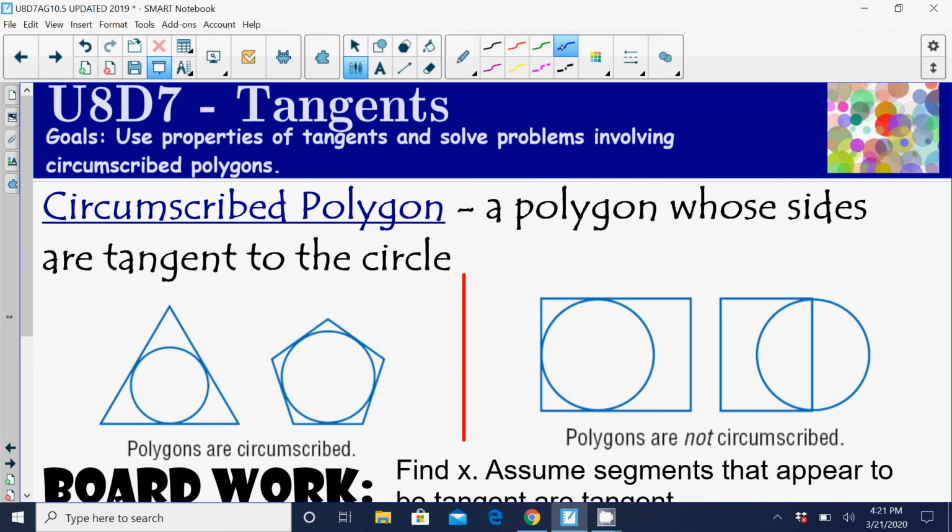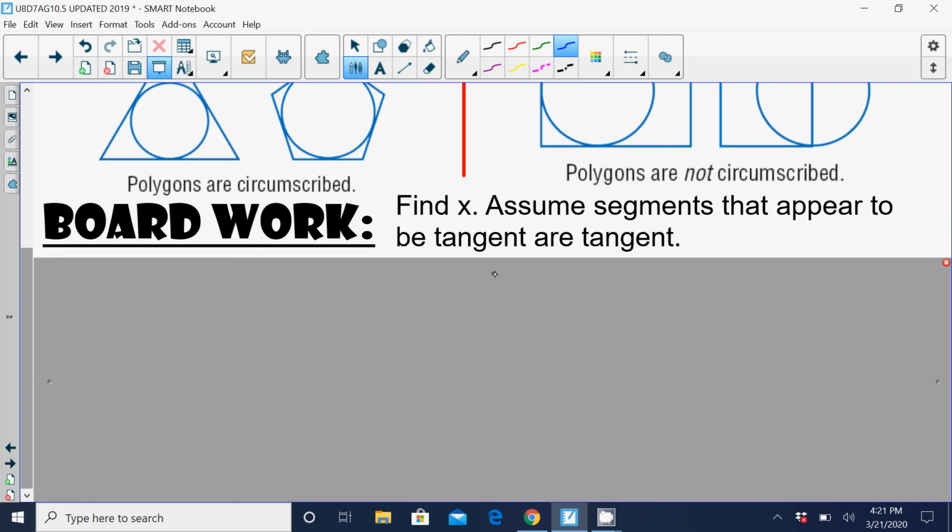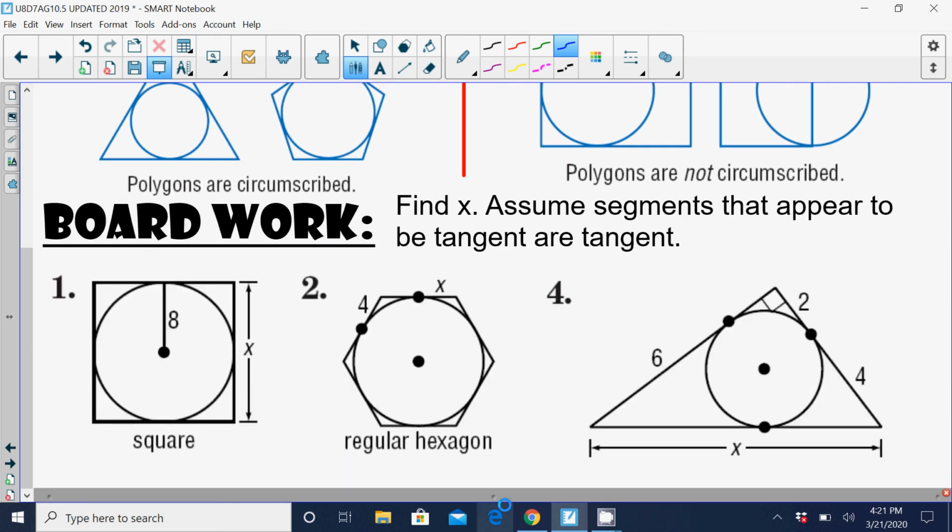We're really going to use that idea from the last slide to find the measures of these segments. Like this first one, I have a square that's circumscribed about the circle, and I see the radius is 8, which means if I filled in a radius over here, I would get 8, meaning this full segment right here is going to be 16.